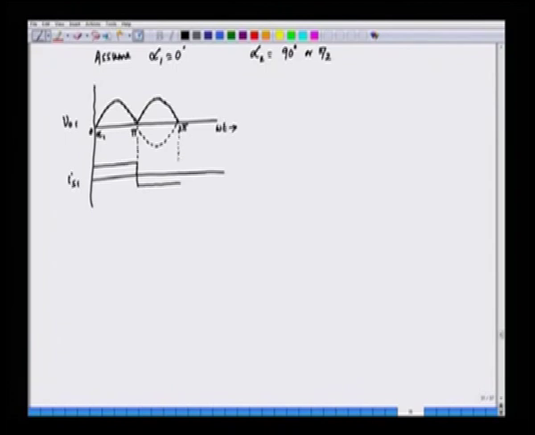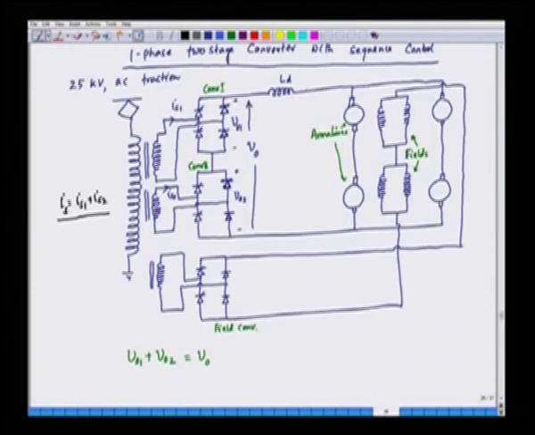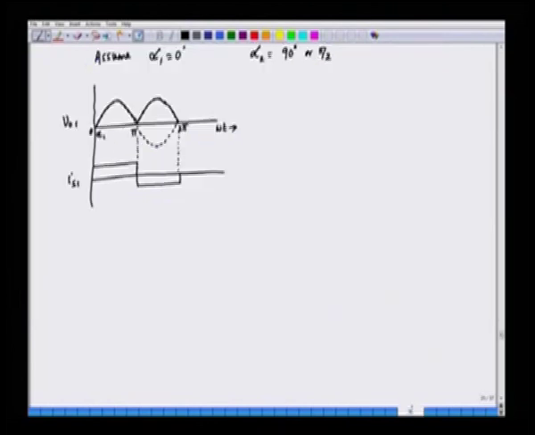So, this is 2 pi and this is ID or IDC, the DC current in this case. If we say that this current is ID, so this one is plus ID and this is minus ID.